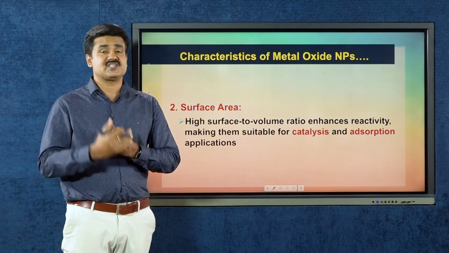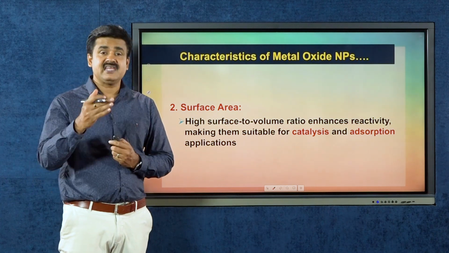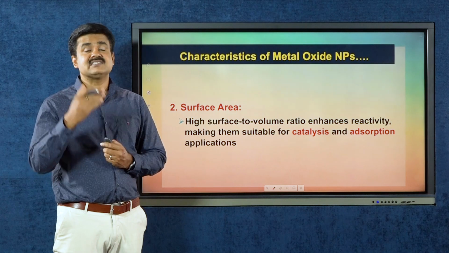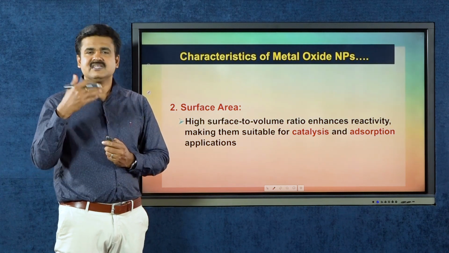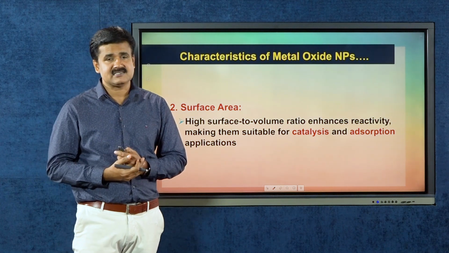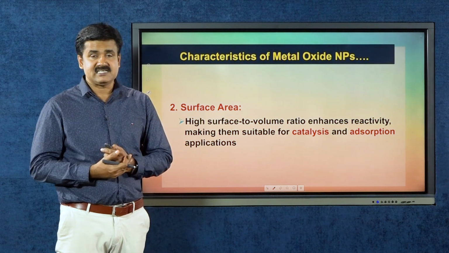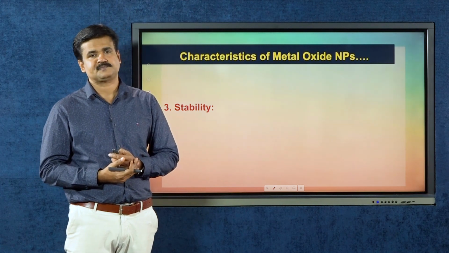You know, adsorption is a phenomenon that occurs at the surface. High surface to volume ratio is a supporting factor for adsorption. So, these metal oxide nanoparticles have strong adsorption capabilities, catalytic capabilities, as well as they can be used as photocatalysts.